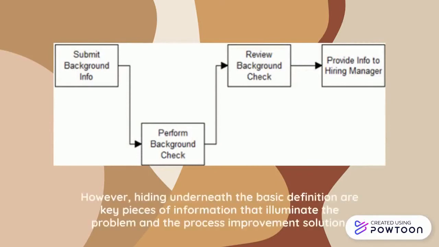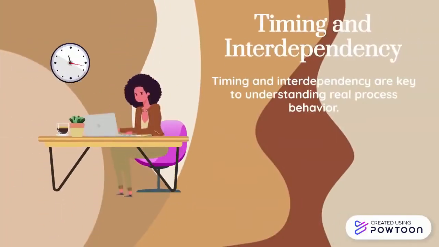However, hiding underneath the basic definition are key pieces of information that illuminate the problem and the process improvement solution. Timing and interdependency. Timing and interdependency are key to understanding real process behavior.